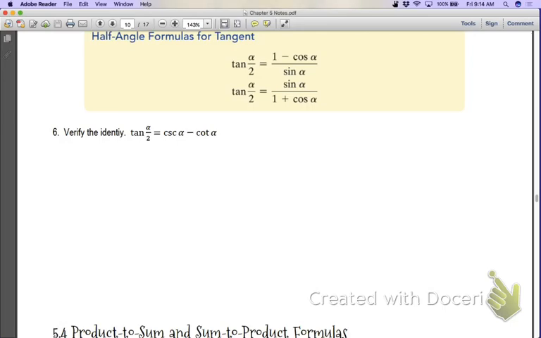Okay? Now, whenever you verify anything, you're getting to the point where you have a lot of different options, right? Because before we just had about 4 options whenever we did just sine, cosine, tangent, things like that, and then we had the Pythagorean identities.